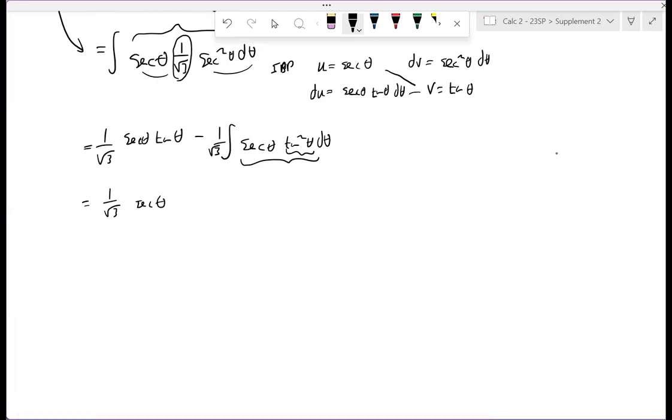So we're going to use that. There's a lot going on here, so I will keep rewriting all of my details so that I don't lose track of them. So 1 plus tan squared is secant squared, so tan squared is secant squared minus 1. Now I can distribute and split my integrals apart.